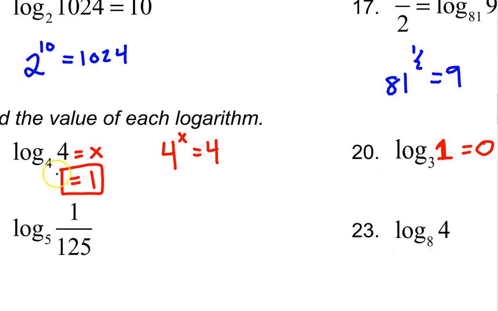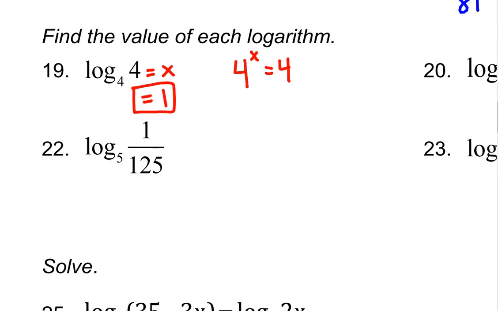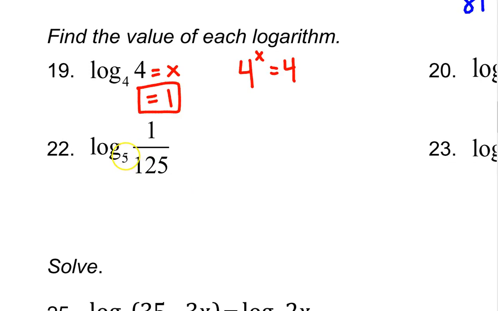Right. Here we might have to rewrite the problem a little bit. So 5 to what power is 1 over 125? Now the trick here is to recognize that 125 is 5 to the 3rd power. If you know that much, we can rewrite this as log 5 to the 3rd.